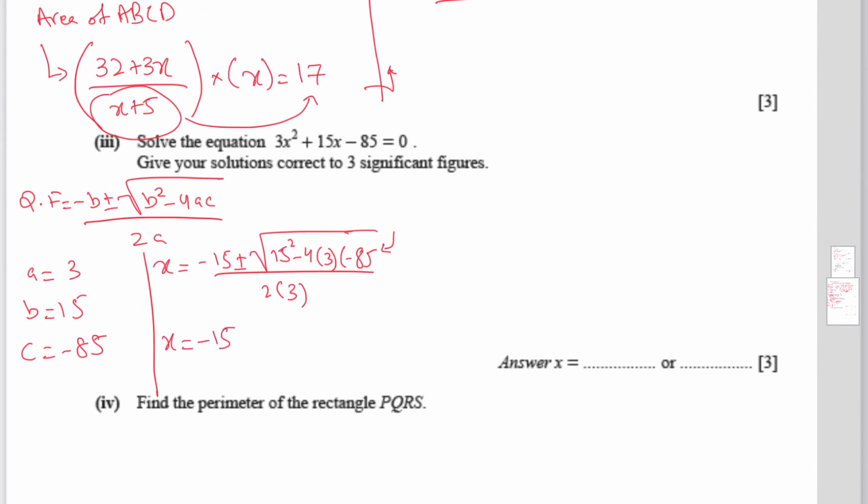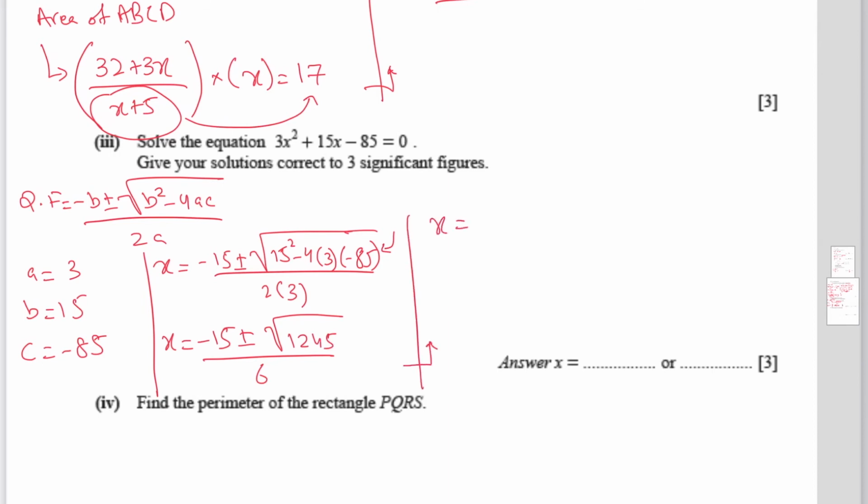So we write negative 15 plus minus over 6, and let's find out what we get in the under root sign. 15 square is 225, and then you subtract 4 times 3 times negative 85 from it. One second. And you get 1020 plus 225. This gives us 1245.